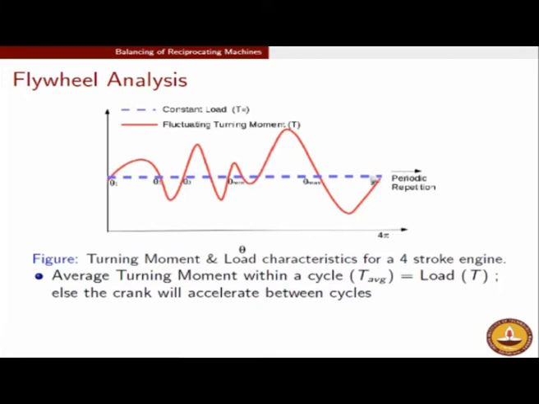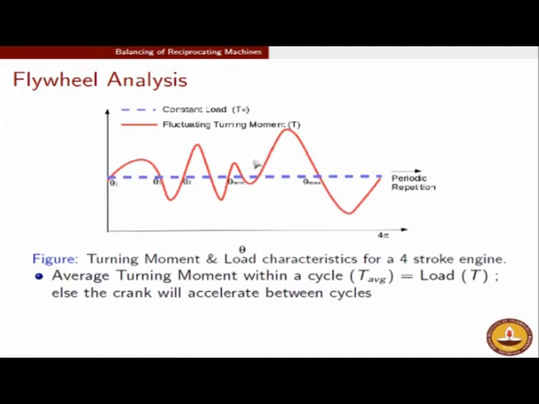However, we do not feel an appreciable fluctuation of speed, because our analysis tells us that unless the turning moment balances the load torque, there will be fluctuation in speed. True, there will be fluctuation in speed, but if the load torque balances in an average sense with the fluctuating turning moment, then across the cycle the average angular velocity will not change. That is what is happening.